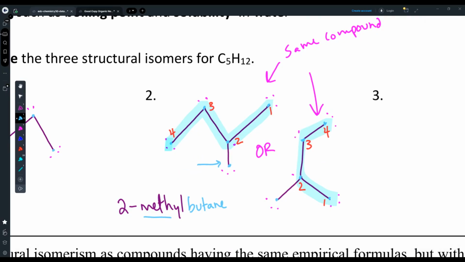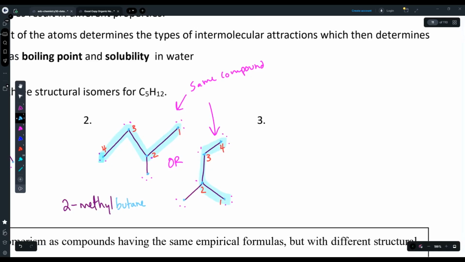Methyl just means for both of them, the branch has 1 carbon in it. And then butane, but means that the parent chain has 4 carbons in it. Ane just means that there's only single carbon-carbon bonds. Okay, so even though these two drawings look different, they are the exact same compound.